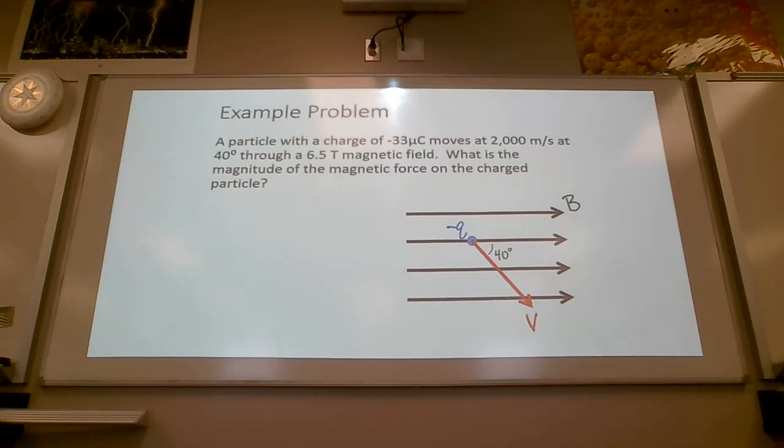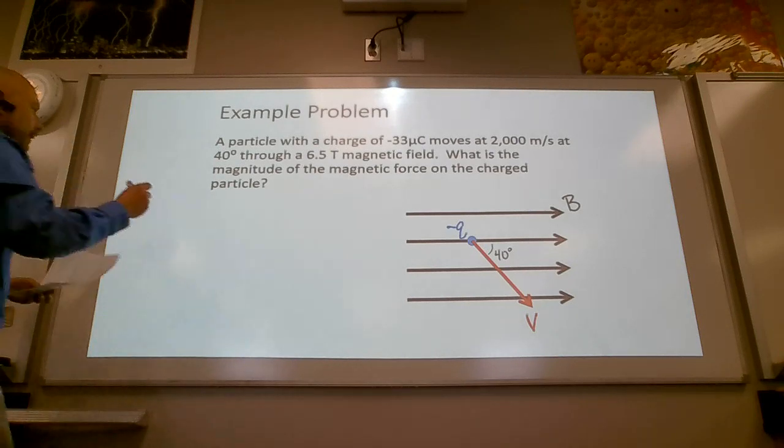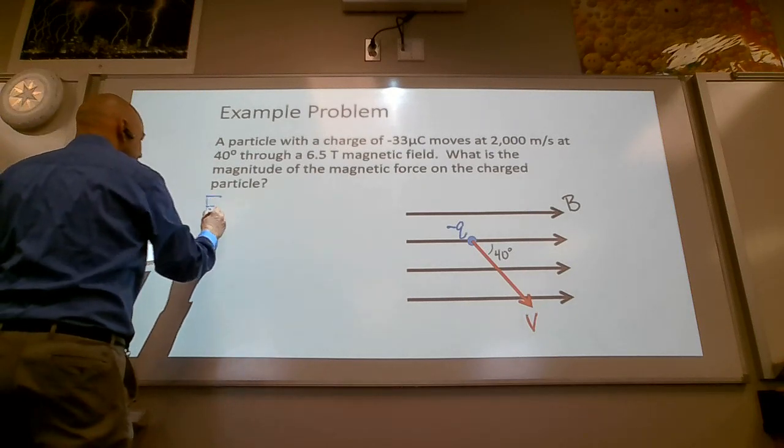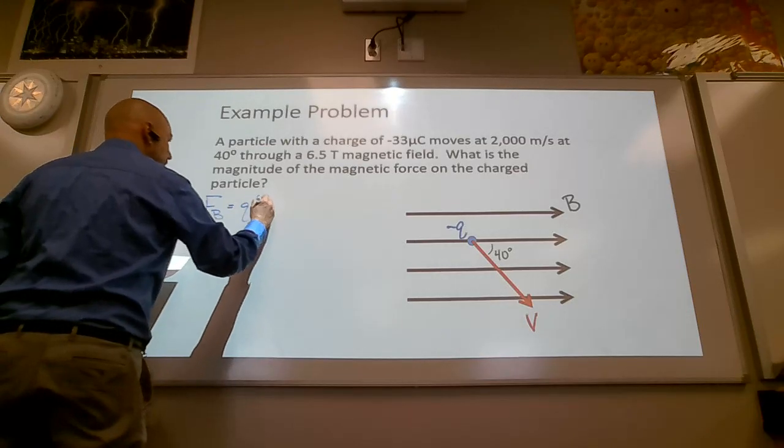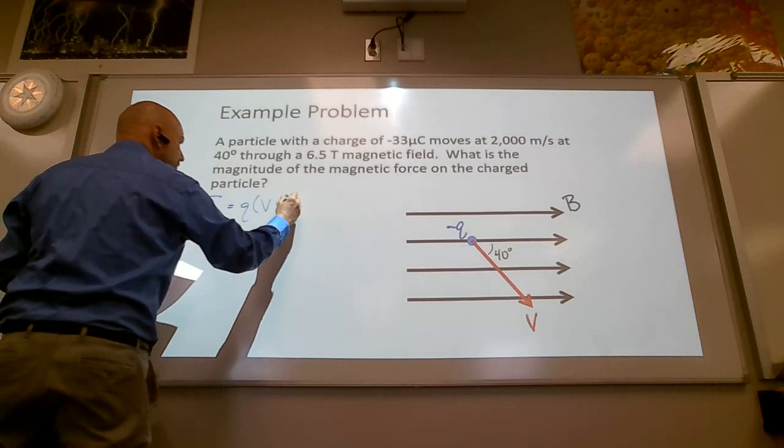There it is. The equation sheet says this: magnetic force is equal to Q V cross B.